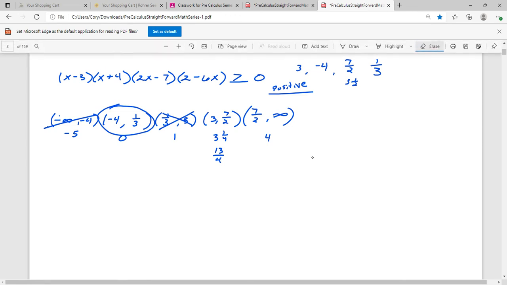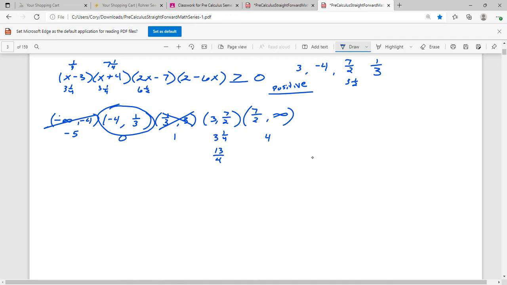Okay, next number we're subbing in, a little bit harder. It's 13 over 4, or 3 and 1/4. So if I have 3 and 1/4 minus 3, I'm going to end up with 1/4. If I have 3 and 1/4 plus 4, that'd be 7 and 1/4. If I have 2 times 3 and 1/4, that would be 6 and 1/2.